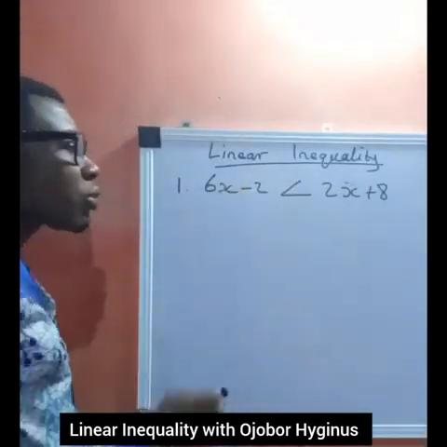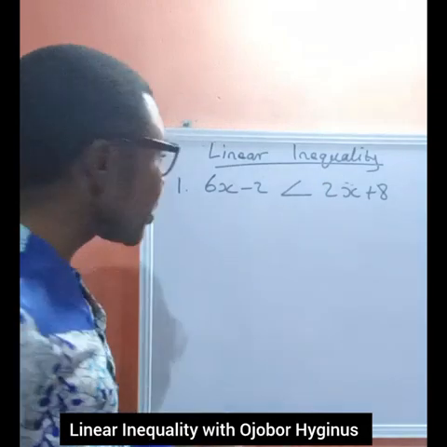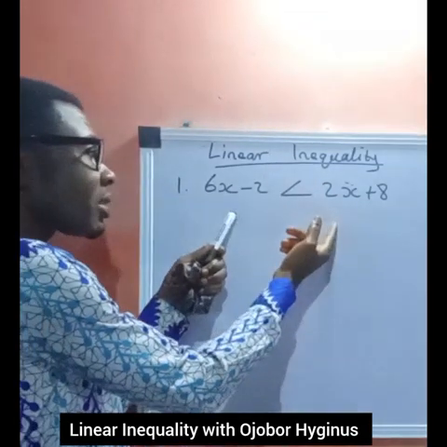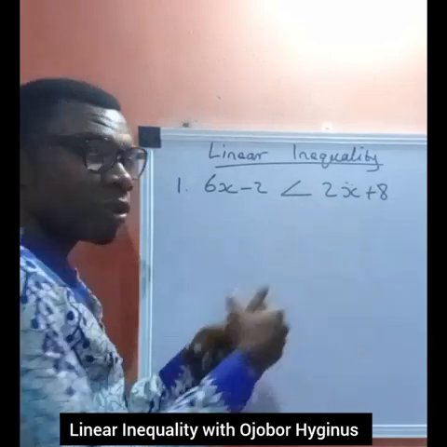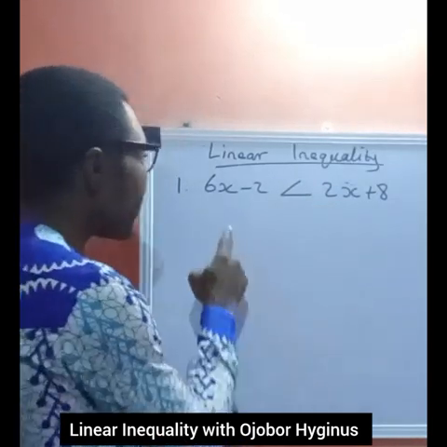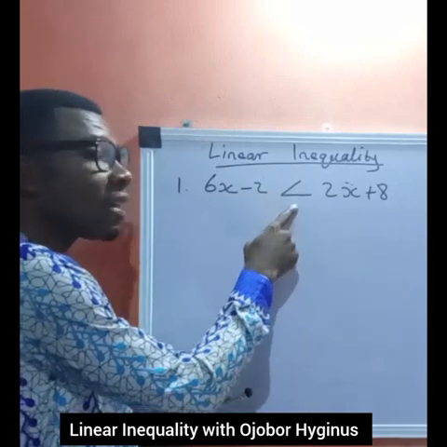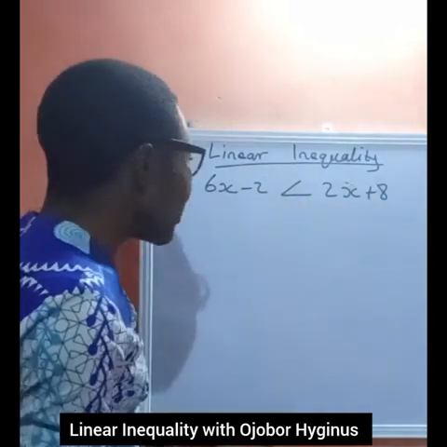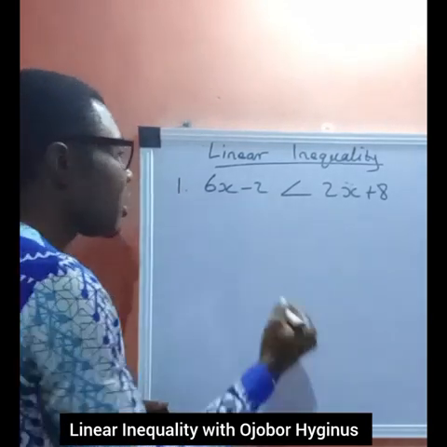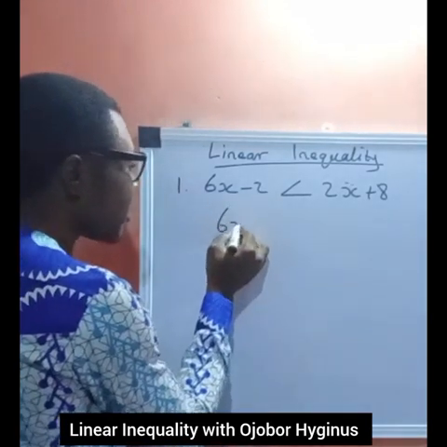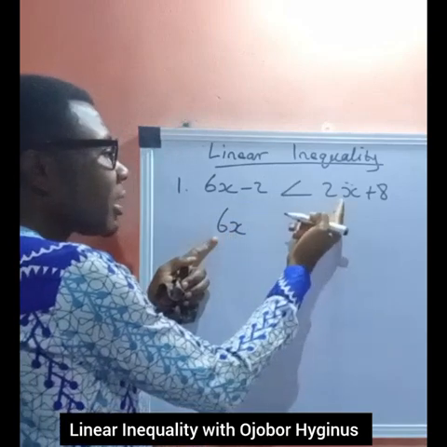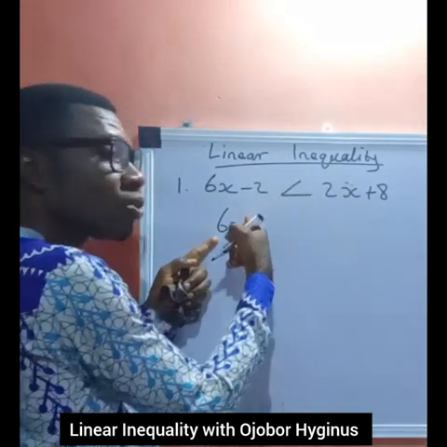So if I am asked to solve this inequality, as with an equation, we try to collect like terms and make x the subject of the formula. The same thing we are going to do. We have 6x minus 2 is less than 2x plus 8. So what are we going to do? We collect like terms. We can now say 6x, because 6x is here, 2x will move to this side to meet it.